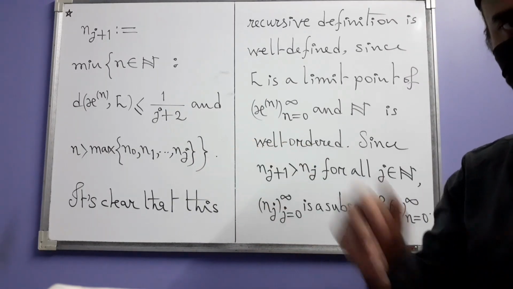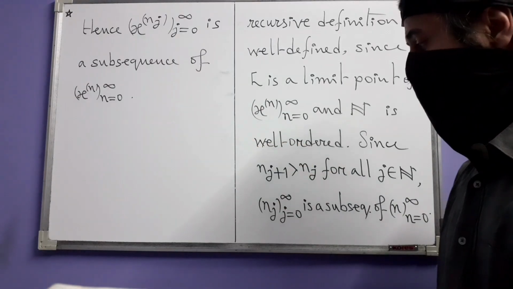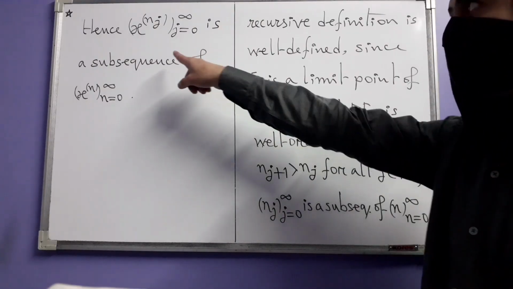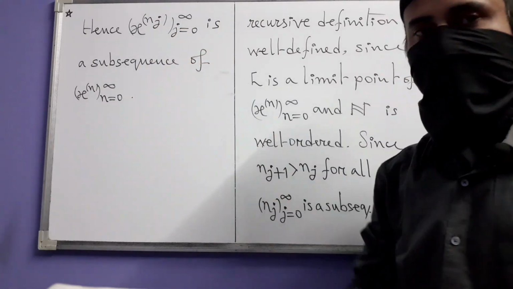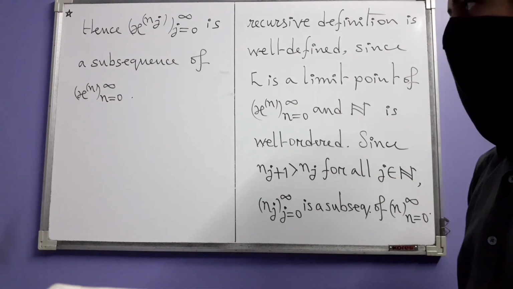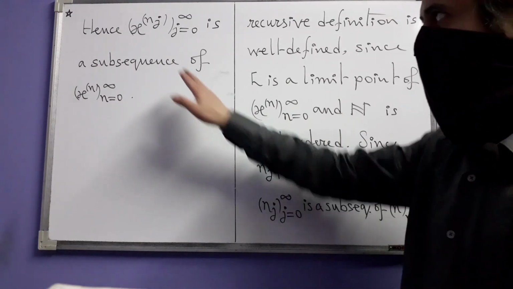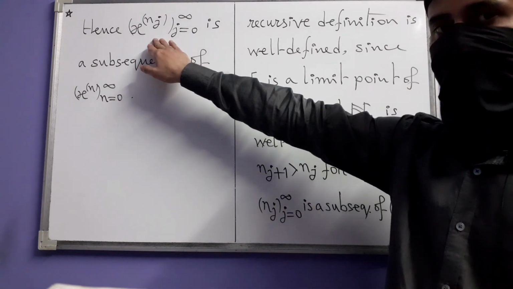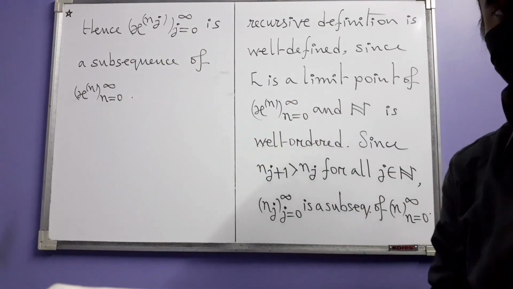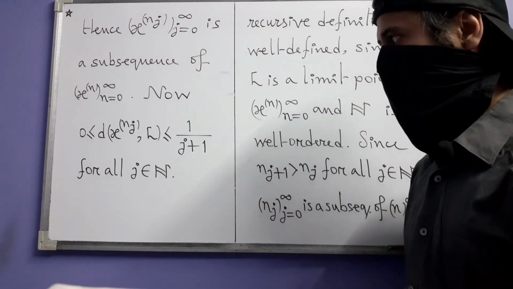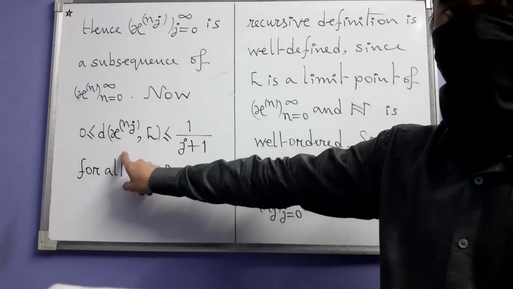So that's where it comes from. And because of this only now we can say that yes, hence xnj is a subsequence of xn. So now we just need to show that this really is not just a subsequence of xn but one which converges to that point L. And for that we next note these inequalities.